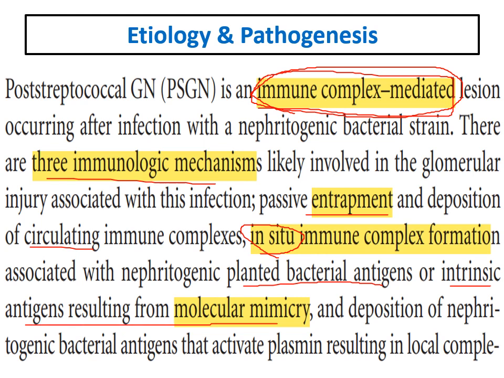So we have 3 mechanisms: circulating, in situ immune complex formation with a planted antigen, or an antigen that results from molecular mimicry. All of them will cause complement activation following this immune complex deposition.